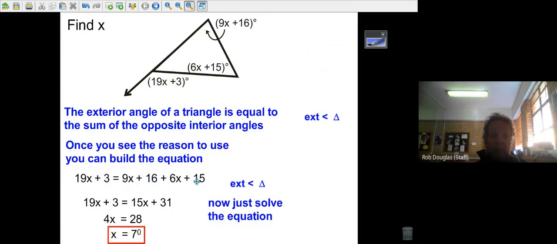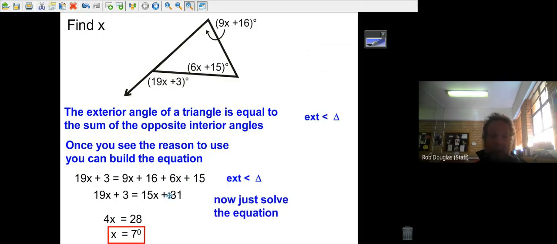It'll equal the other two angles on the inside added up together, 9x plus 16 and 6x plus 15. And if you don't write down the reason, exterior angle of a triangle, you could be in danger of losing a mark or all the marks for the question, because without the reason, the geometry things kind of fall apart. It's all part of the logic.